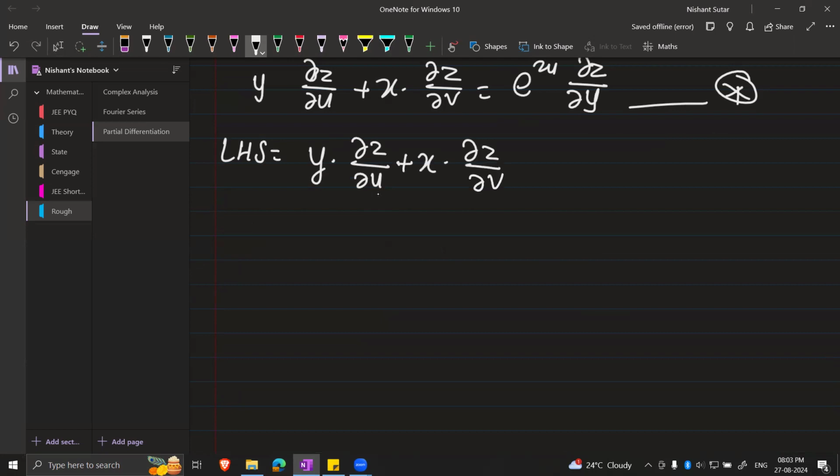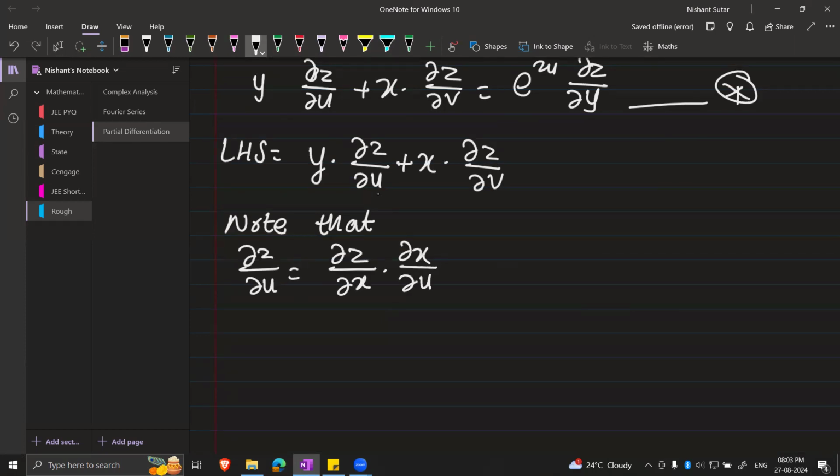Note that del z by del u is given by del z by del x into del x by del u plus del z by del y into del y by del u. I will keep del z by del x as it is and evaluate this.